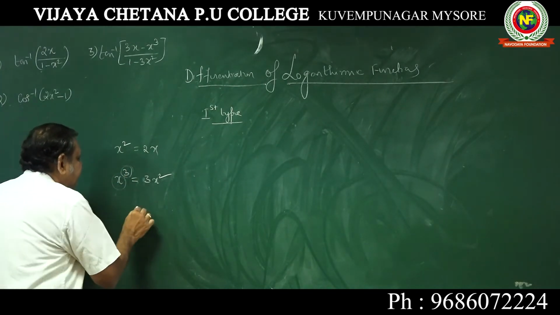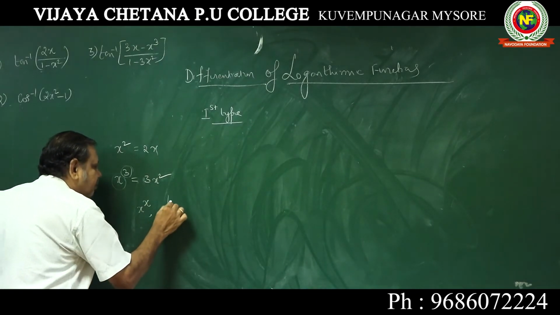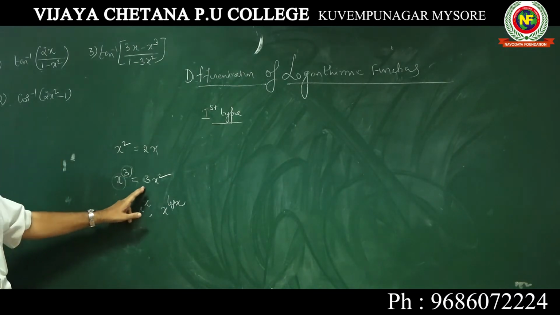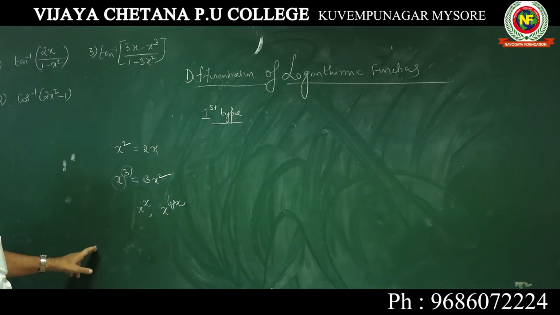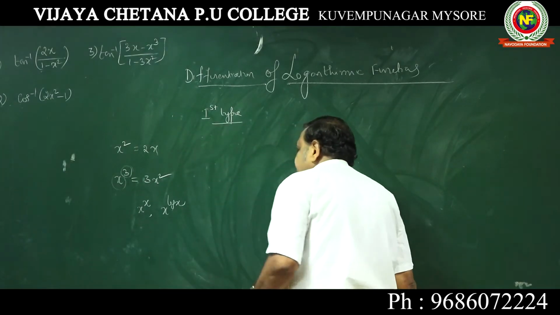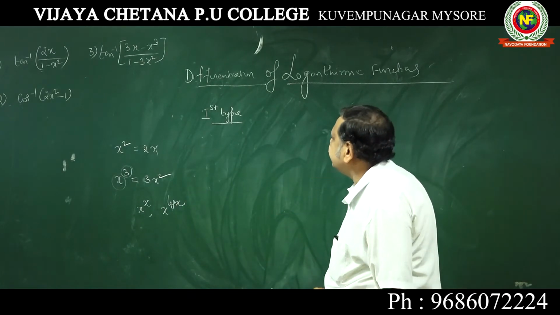That means it will look like x to the power of x or x to the power of log x. Such differentiation you have not done. X to the power of x is a logarithmic function because the base is a function of x and the power, the index, is also a function of x.